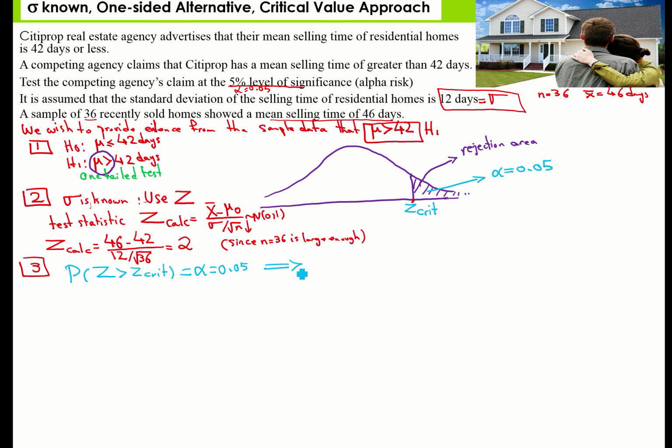Then you have a look at the main body of data in the normal distribution table to find the closest probability to 0.05, and then you see that the z critical is 1.645, right?